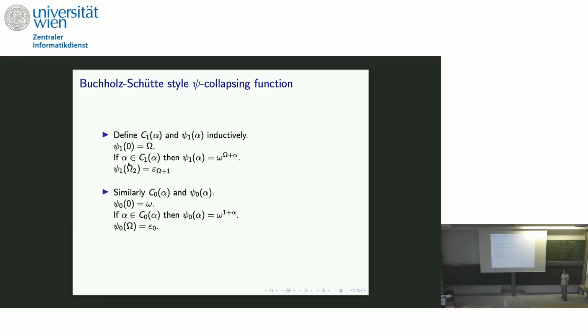You can think of this psi function as mapping uncountable ordinals to countable ordinals. In a way, we had Cantor normal forms, we had the Veblen hierarchy, and at some point they reach a fixed point and get stuck. So using a collapsing function is a way to name more ordinals.